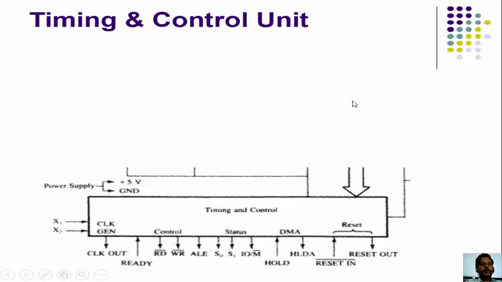Then the timing and control unit block. This block is responsible for giving commands to all the blocks available in the architecture. In the architecture you will find this timing and control block is connected to all the blocks: the ALU, register selection, register bank, flag register, timing and control unit, and serial IO block.